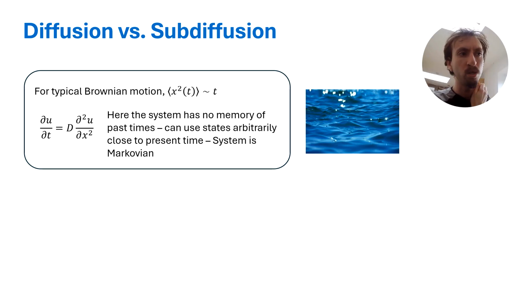Now, Brownian motion in this case, and the diffusion equation, is an example of a Markovian system. And in fact, standard partial differential equations describe Markovian systems, and not just the diffusion equation.